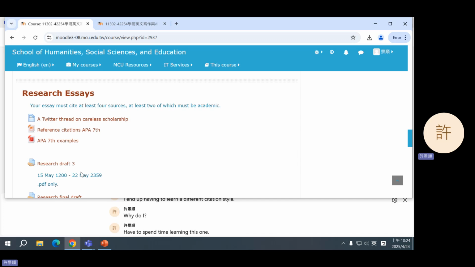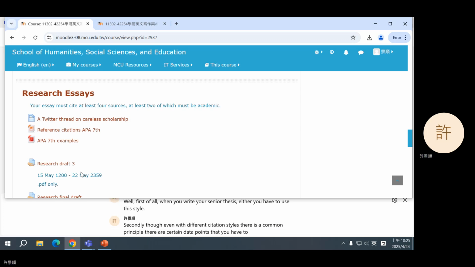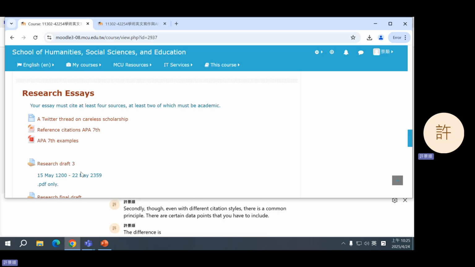Well, first of all, when you write your senior thesis, you have to use this style. Secondly, though, even with different citation styles, there is a common principle. There are certain data points that you have to include. The difference is mainly how you present that data. So by learning one citation style, it makes it easier to learn other styles.